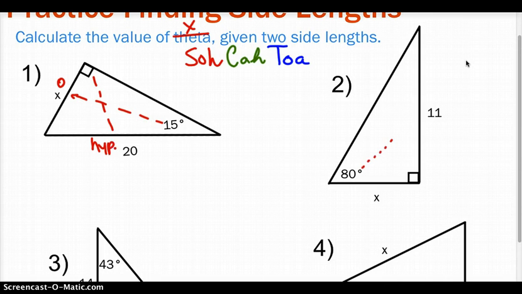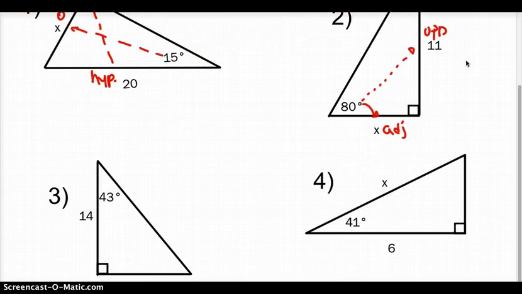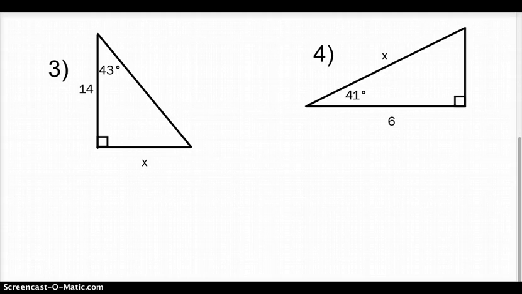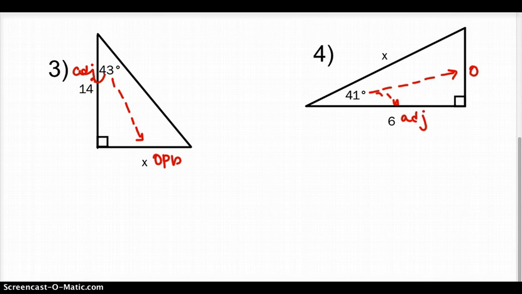For number 2, 11 is opposite, adjacent. For number 3, this is opposite, adjacent. And for number 4, from angle 41, opposite and adjacent. Go ahead and pause the video and set up your ratios.